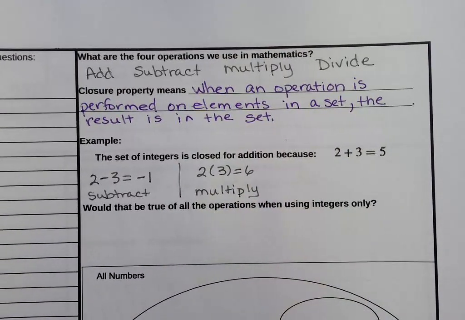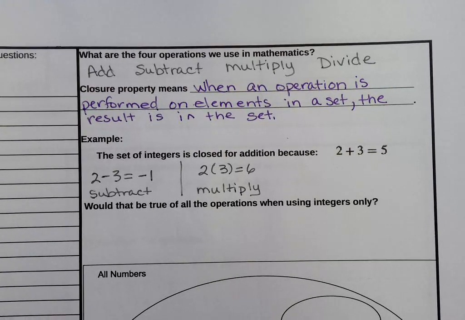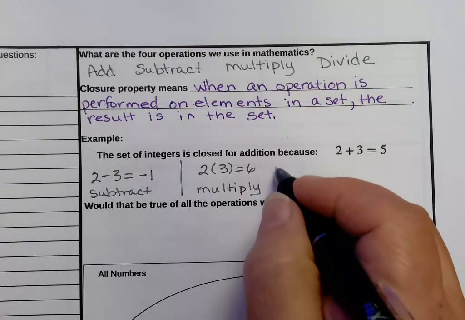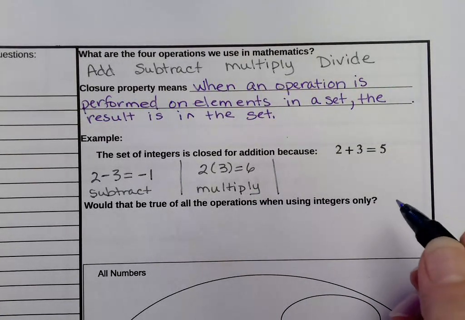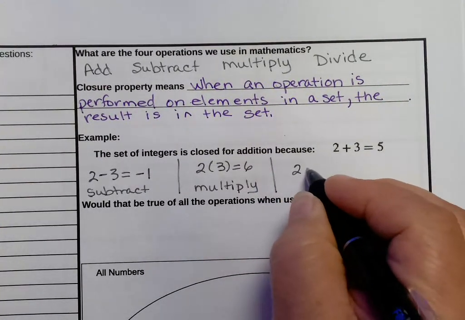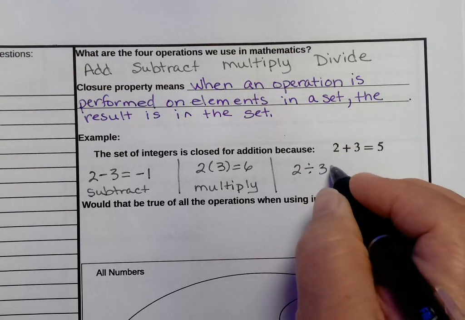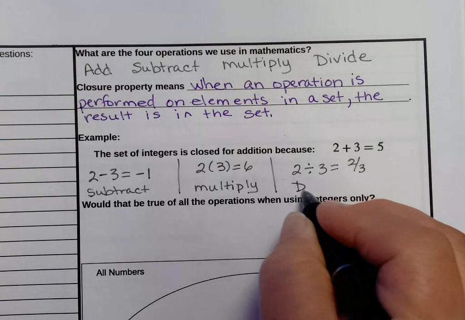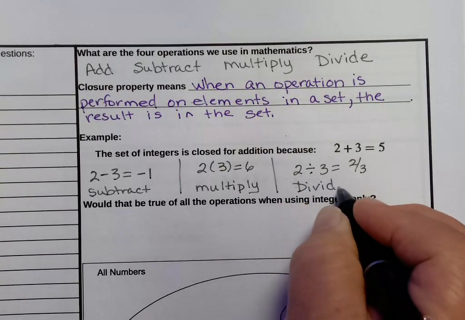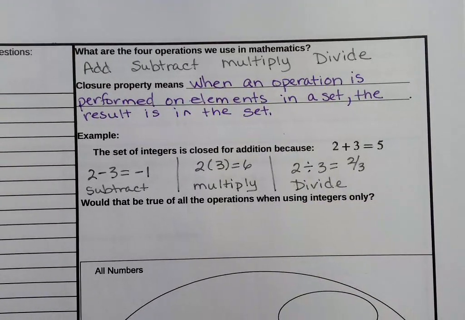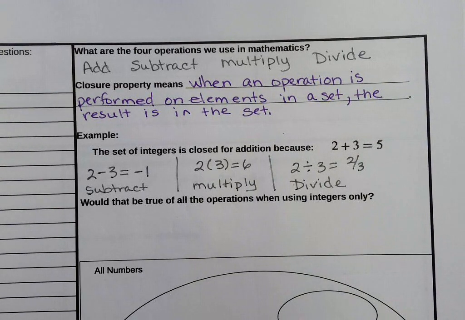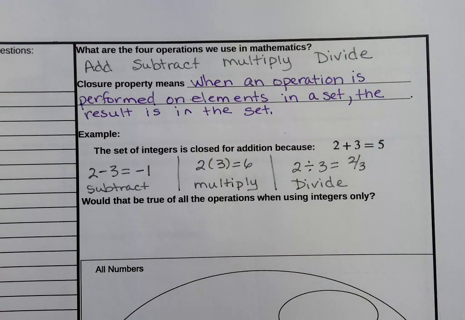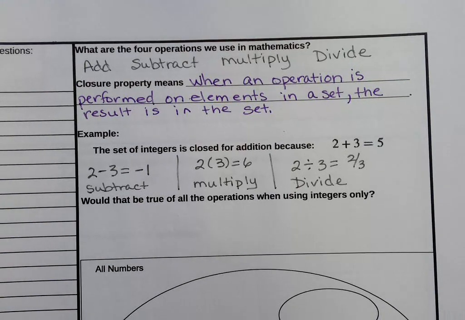Okay, 2 is an integer, 3 is an integer, 6 is an integer. It works when I multiply. What about divide? 2 divided by 3 is 2 over 3. That's a fraction. So is the set of integers closed under each and every one of those operations? No, it is not closed under division.